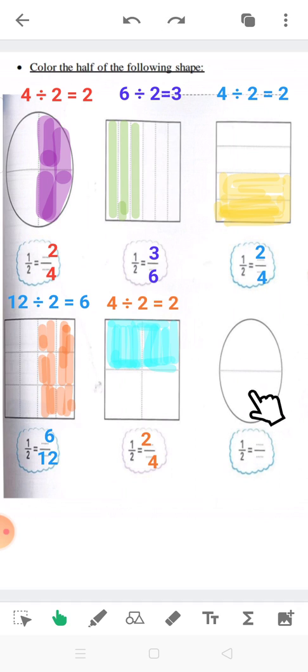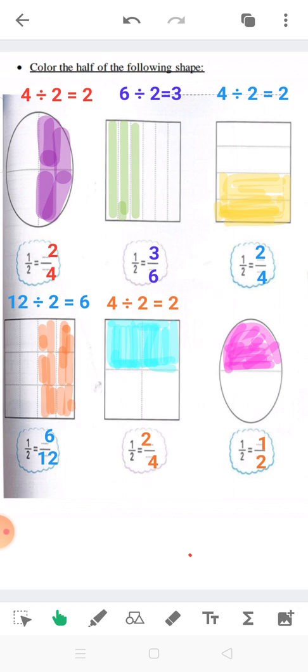Here we have how many parts in all? We have 2. And I will color only half. Why? I only color one part. Because 2 divided by 2, half of 2, is 1. So I will color only one part.